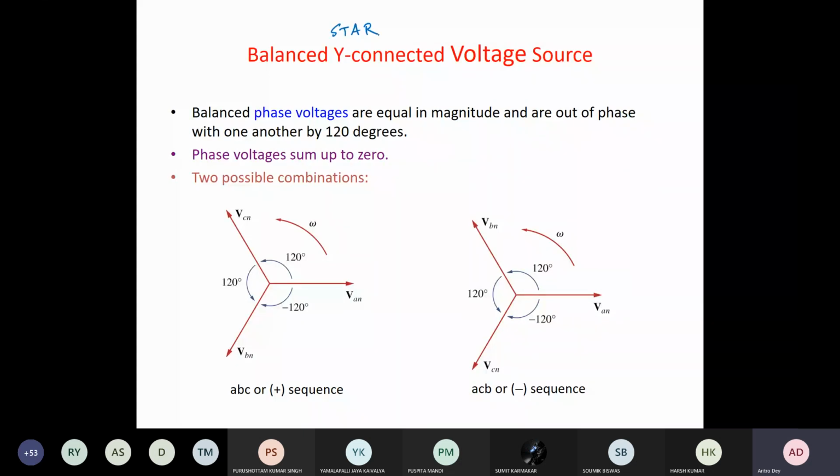So when your alternators are connected in star like this, your EA, EB, these are in star connected, and you are using the same impedance for all the phases, so you will get a balanced distribution system.